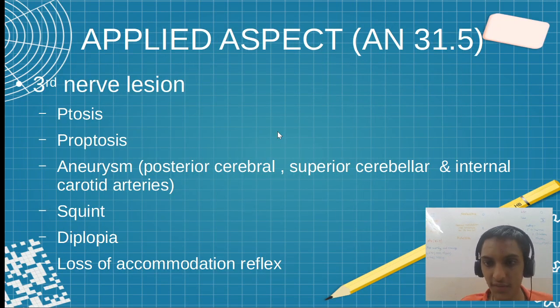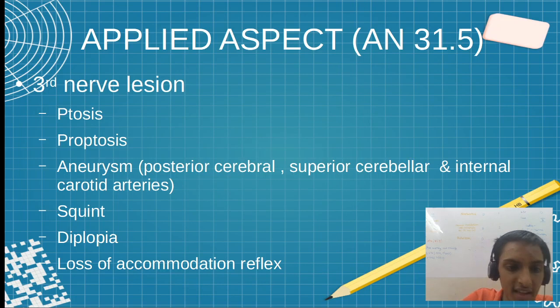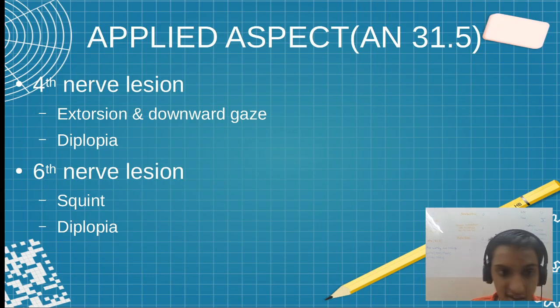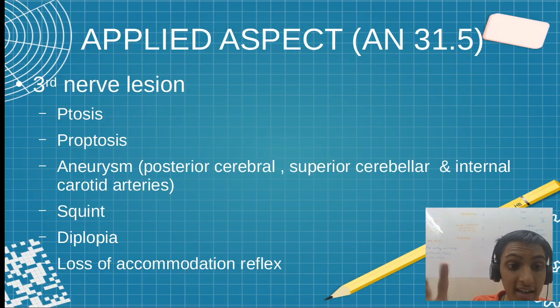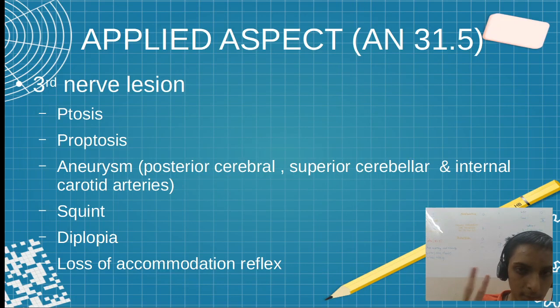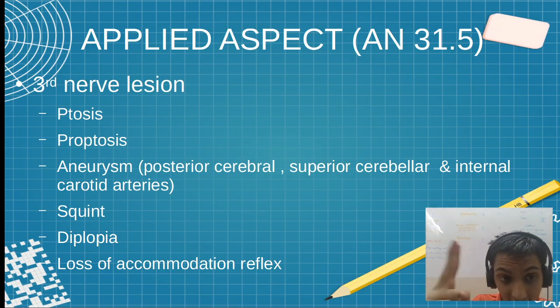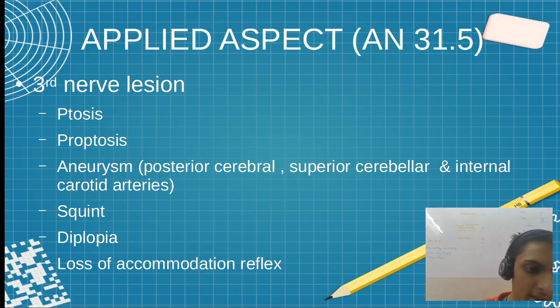Next, let us see oculomotor, trochlear, and adjacent lesions. Please remember this first point. In third, fourth and sixth nerve lesions, squint and diplopia is common. Please remember this. So what will be the difference?